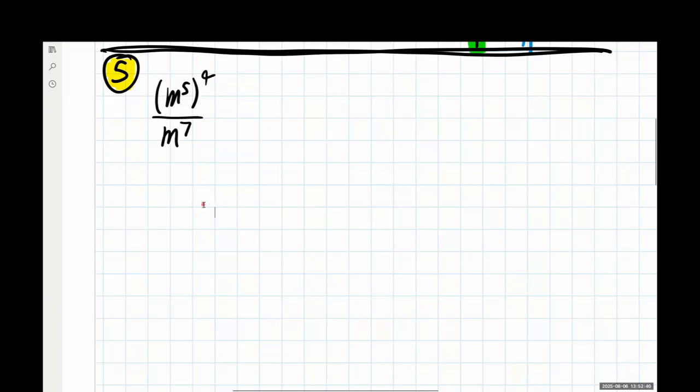I think it's generally a good idea to try and simplify the numerator first, simplify the denominator second, and then see how they interact with one another. So let's start with simplifying the numerator down. We're using the power rule, and then we'll apply the quotient rule to get to our final answer afterwards, noting that we do have to follow PEMDAS as our guide for what we're doing first, second, and third.